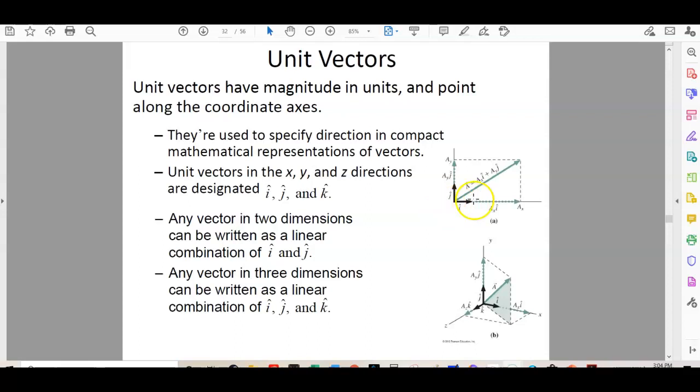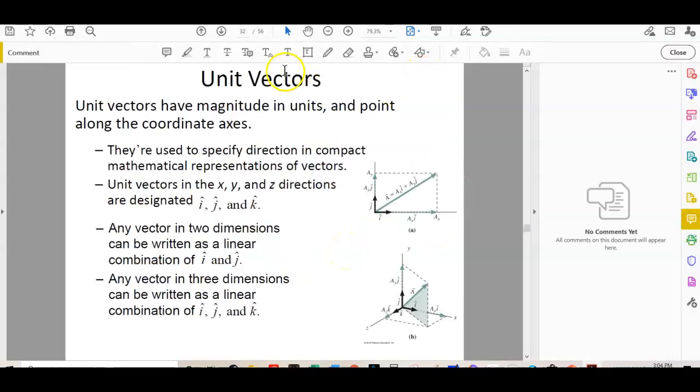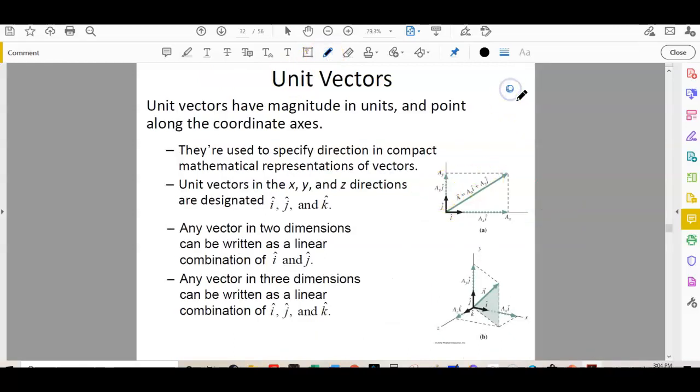In the x direction, it would be 5 meters per second i hat, right? I'm going to mark this up. So in this case, if this is a velocity vector, it would be a positive 5 meters per second i hat, which means it's pointing to the right.